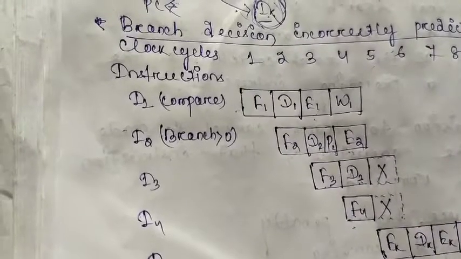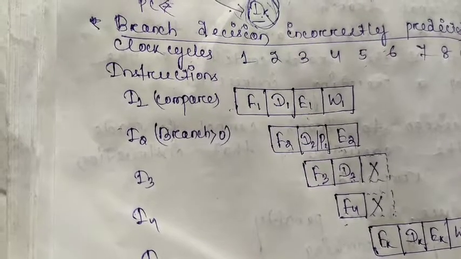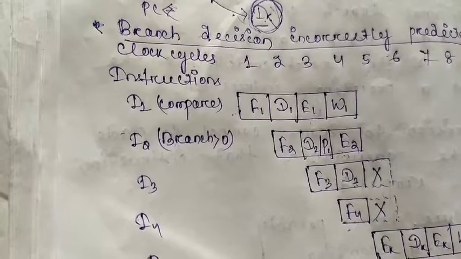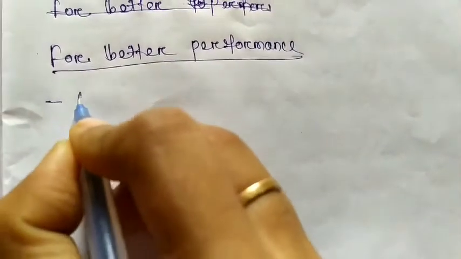To get better performance, we arrange for some branch instructions to be predicted as taken and others as not taken.